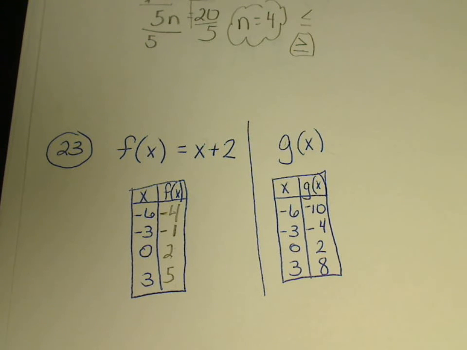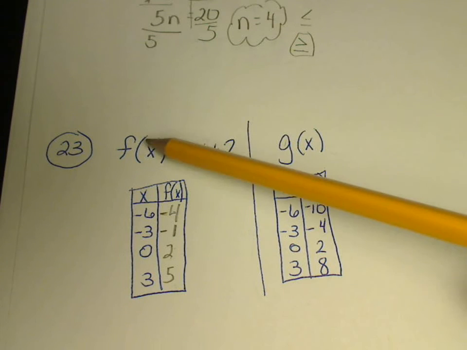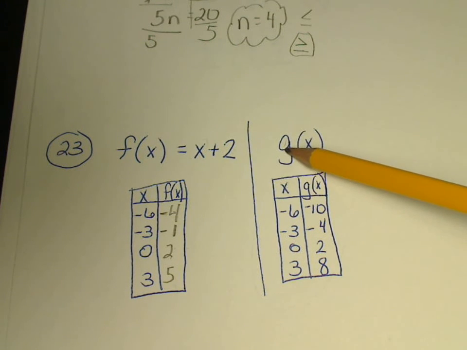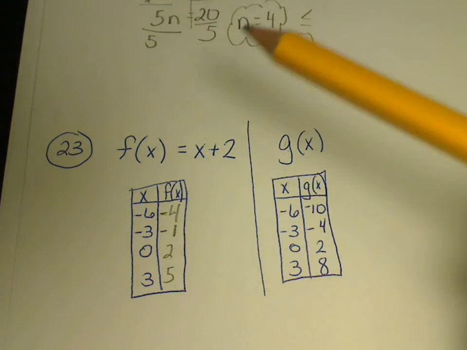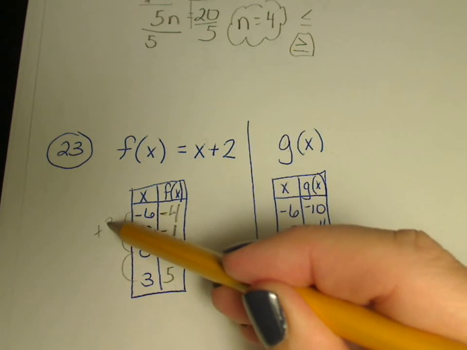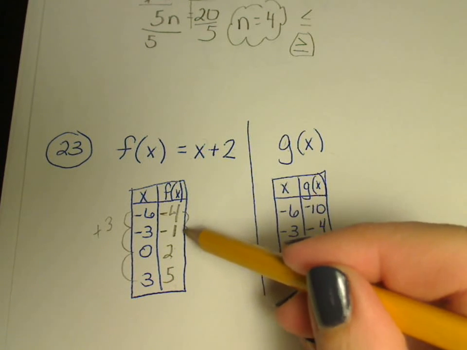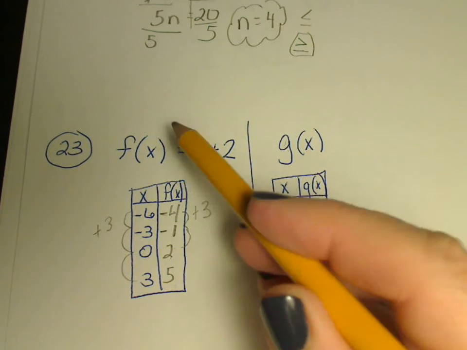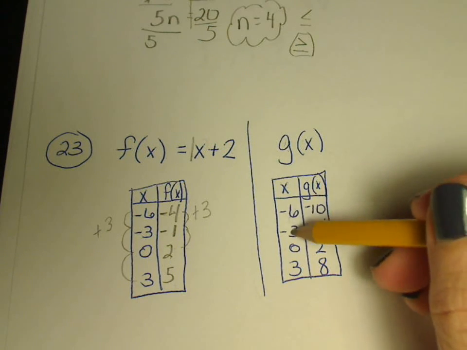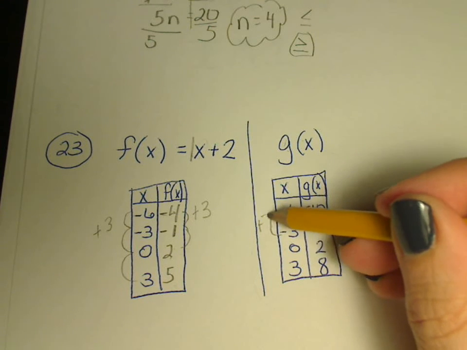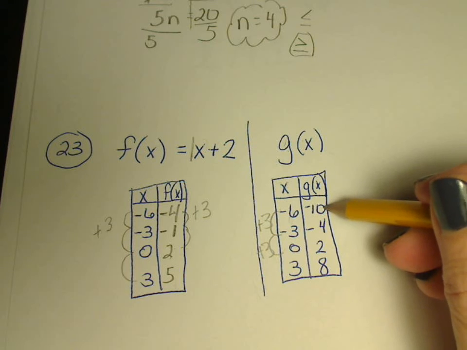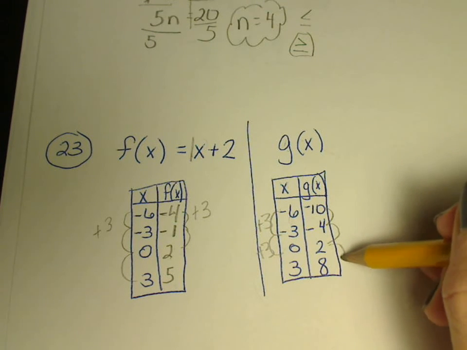Okay. And the next one says the slope of f is less than the slope of g. Slope is the rate of change. So here each time we're going up by 3. And here each time we're going up by 3. So this one, obviously, has a slope of 1. This one over here, it's going up by 3 in the x, and in the y, how much is it going up by each time?